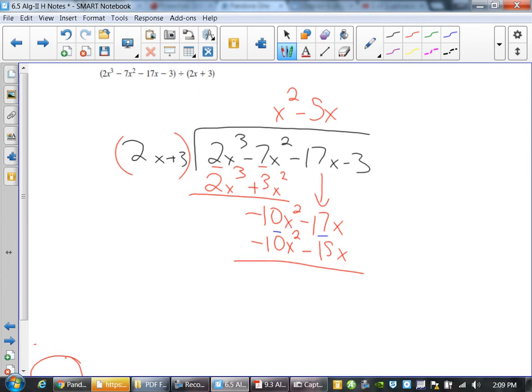I multiplied negative 5 times 2x, negative 5 times the 3. I have to distribute to both parts. So what's negative 17 minus negative 15? Very good. And then I bring down the -3. Lastly, what do I multiply 2x by to turn into -2x? -1, very good. And when I subtract it all out, is there a remainder? No.